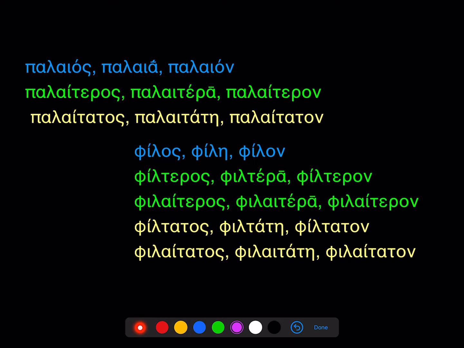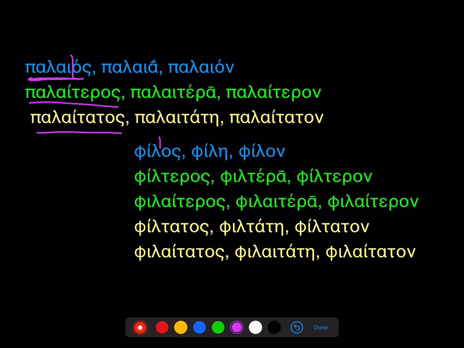Two more exceptions from adjectives we know. The comparative of palaios is palaiteros, and the superlative is palaitatos. So we're adding the endings directly to that stem. With philos, it's such a common adjective, we have two options.